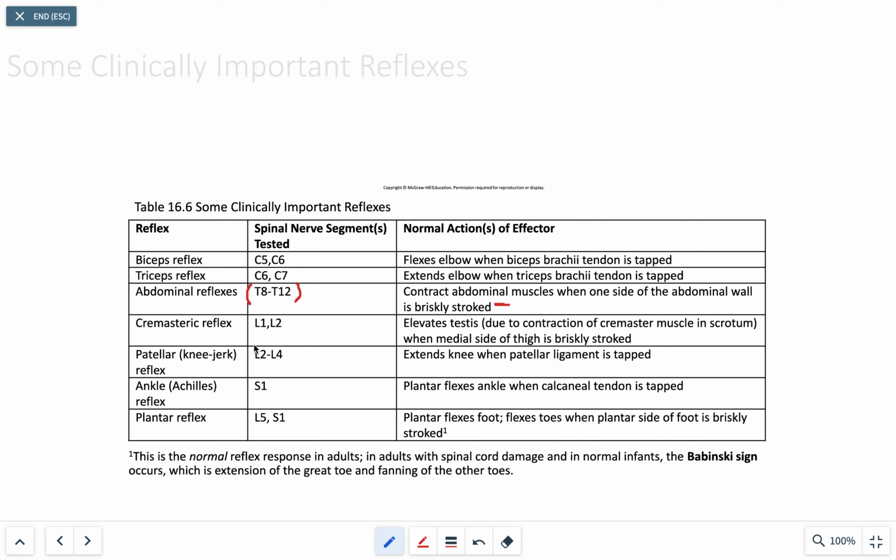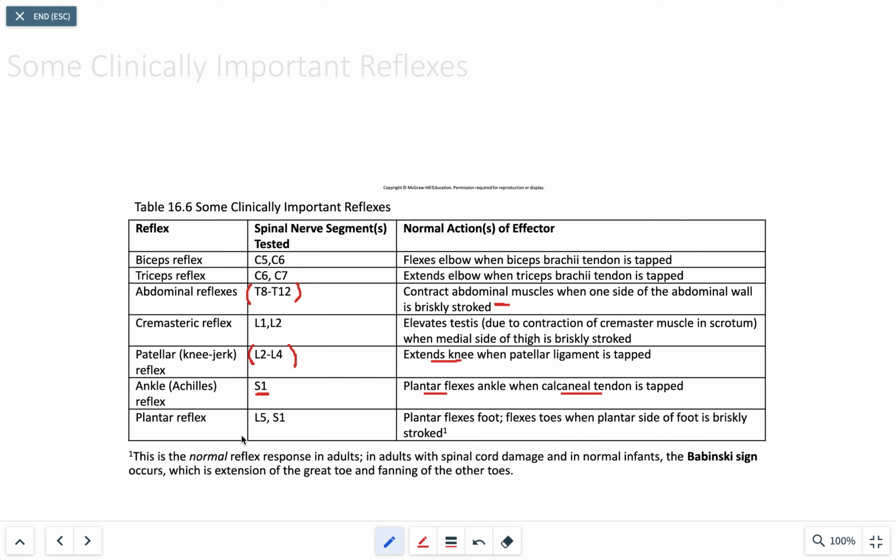The patellar knee jerk reflex, we're looking at L2 to L4. Again, it extends the knee when the patellar ligament is tapped. The ankle or Achilles reflex, we're looking at the overall health of S1. When the calcaneal tendon is tapped, we should see plantar flexion.